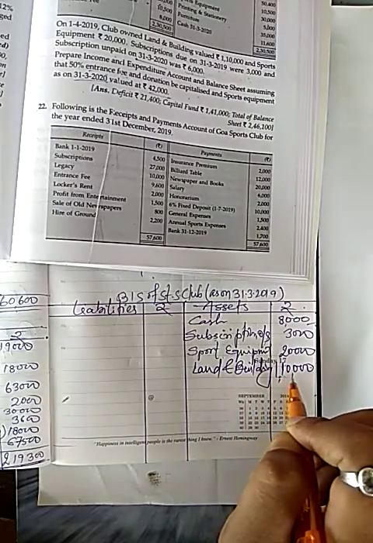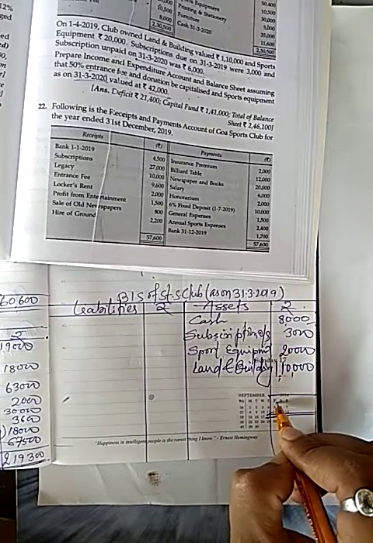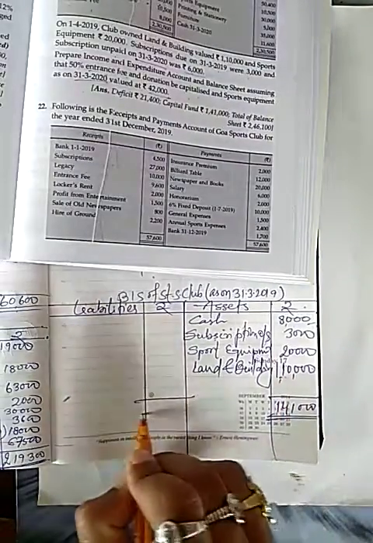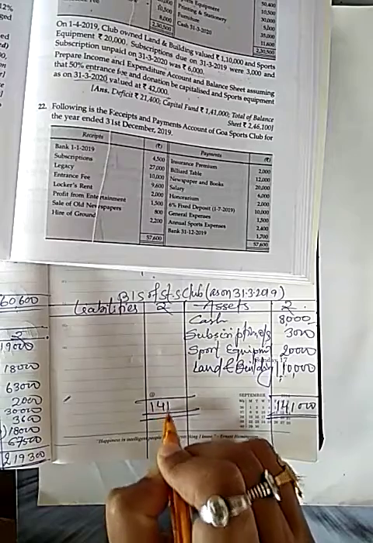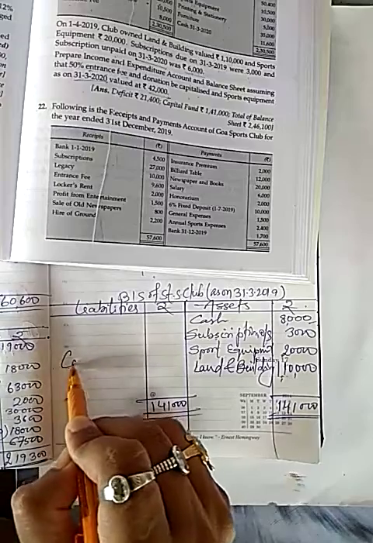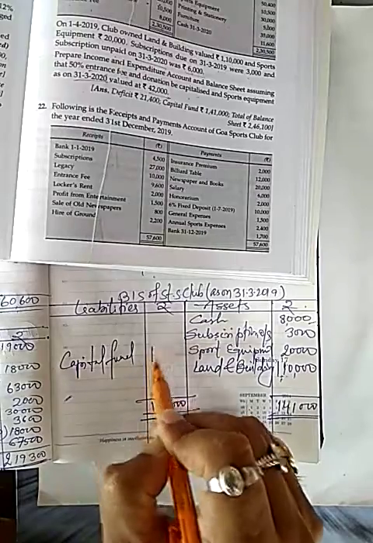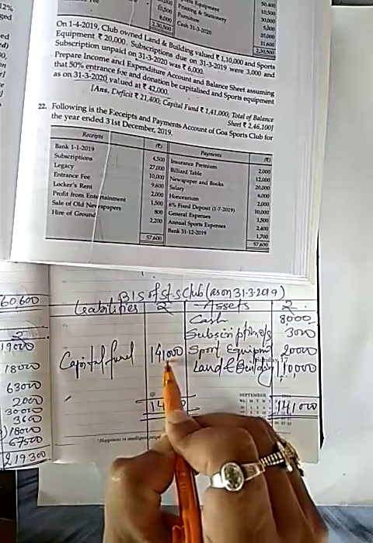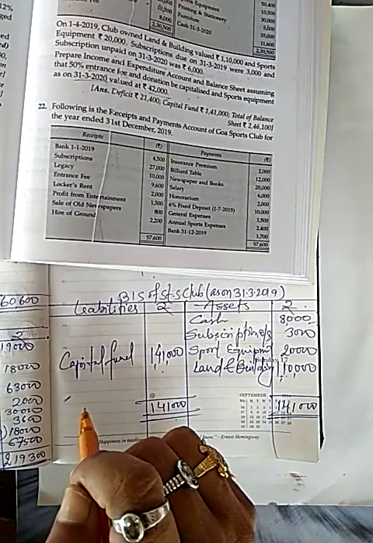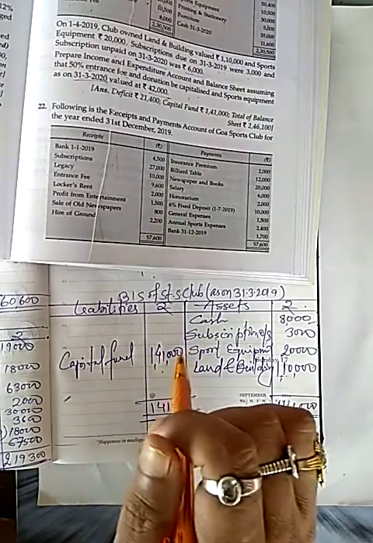So when I calculate the total, it will be 1,41,000, and 1,41,000 will be our capital fund. Capital fund 1,41,000. Now this capital fund will show in the final balance sheet.